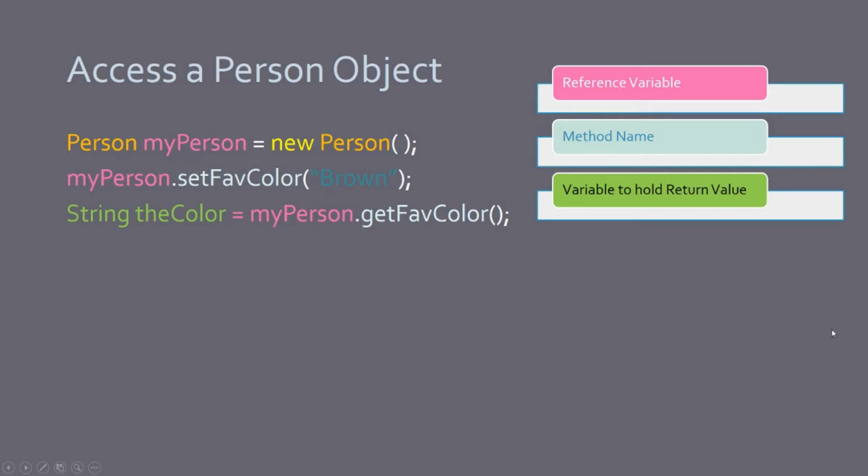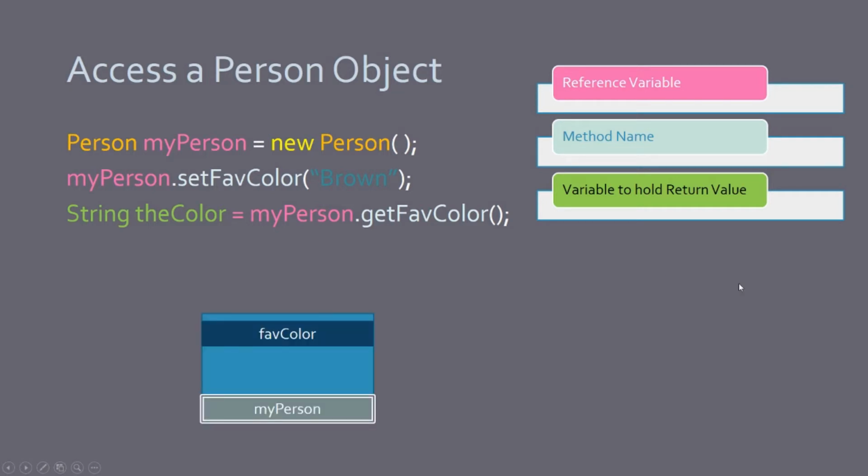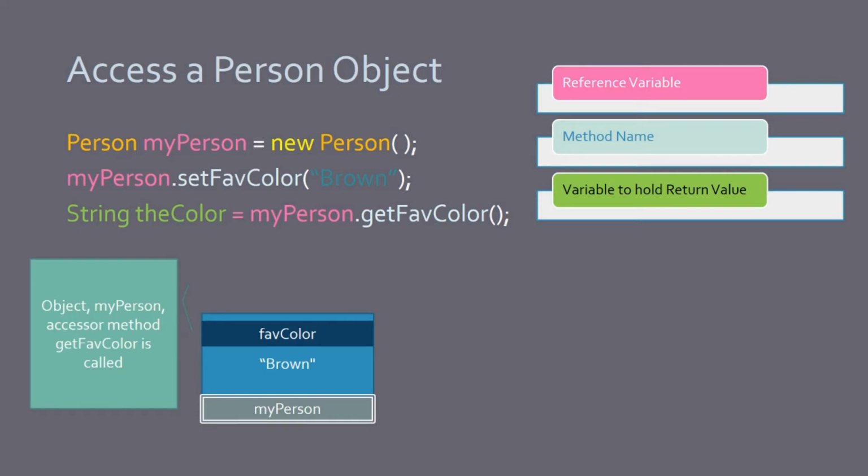So now we've added this, we can say our person class, we want to create an instance named myPerson. Then we want to set our favorite color to brown using our setFaveColor method. And then we're going to declare a variable that is going to use our accessor method. Our variable is called the color, and we've got that allocated over here somewhere else in memory.